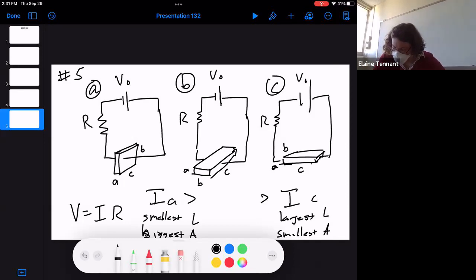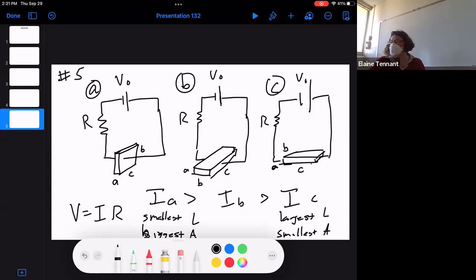Okay, and then of course we have in the center here, we got B, where it's got a B's worth of length to get through, which is more than A but less than C. And its cross-sectional area is somewhere between A and C as well. Does that make sense? Okay, cool.